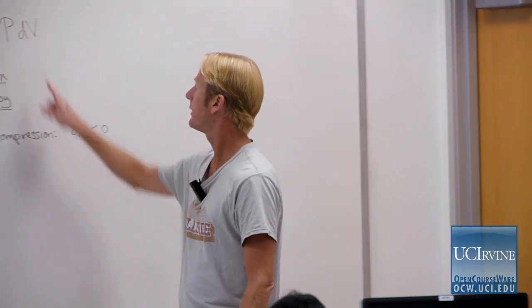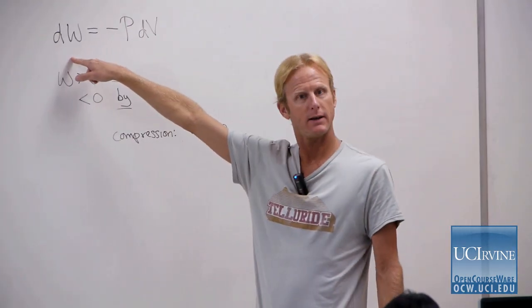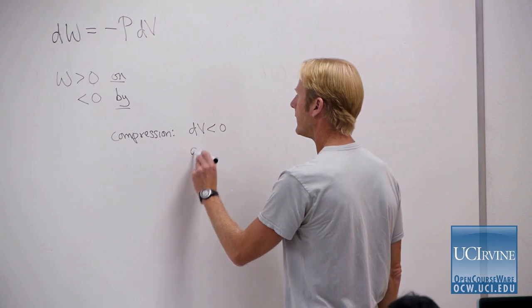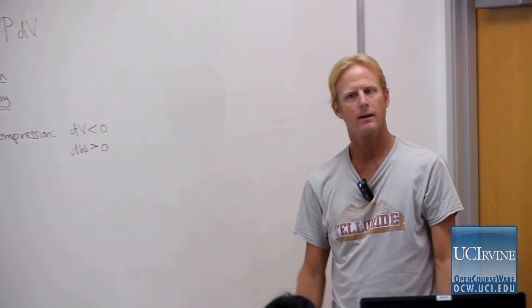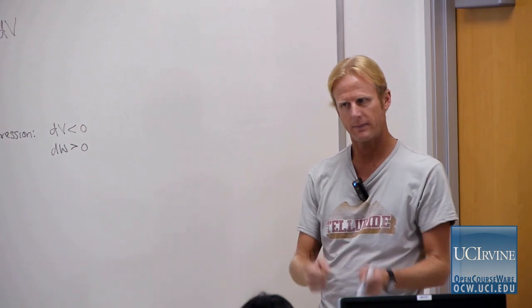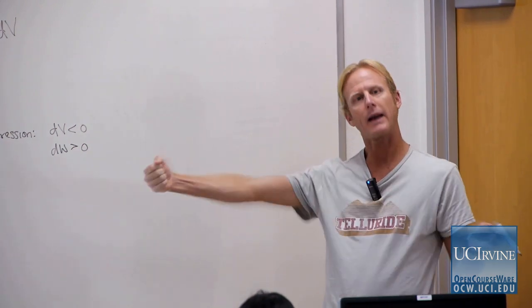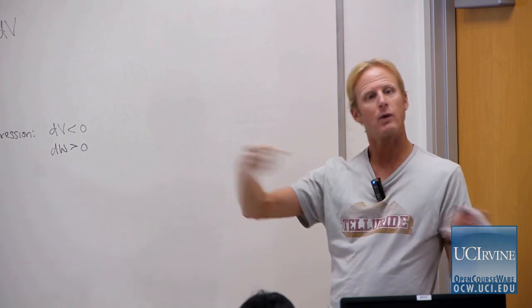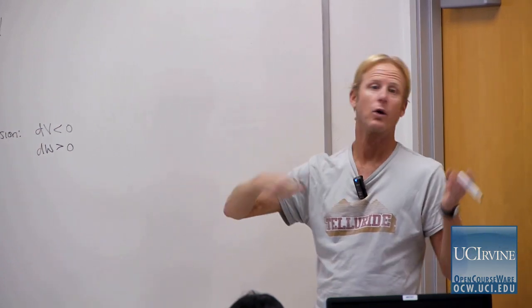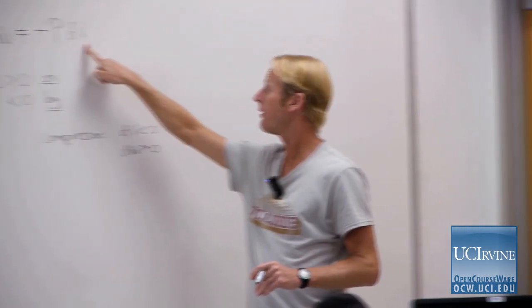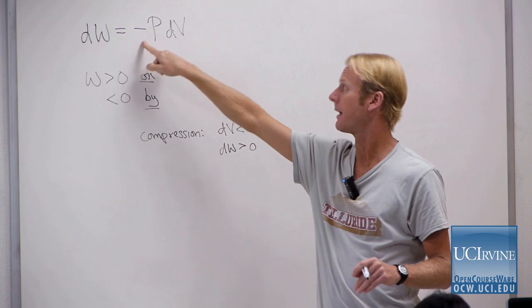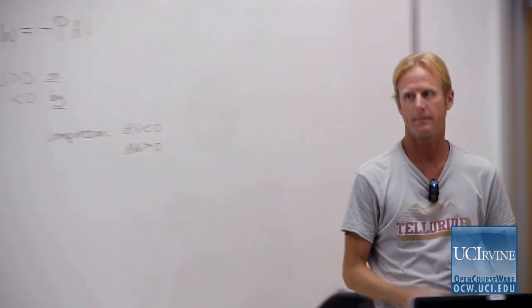So that's negative. Negative times negative gives me a positive dW. Okay? So dW greater than 0. I did work on the system. And the other way around, if I expand the gas, the gas is doing work on the surroundings, or work is being done by the gas. dV is greater than 0. Pressure is positive, minus sign, so that means dW is less than 0.